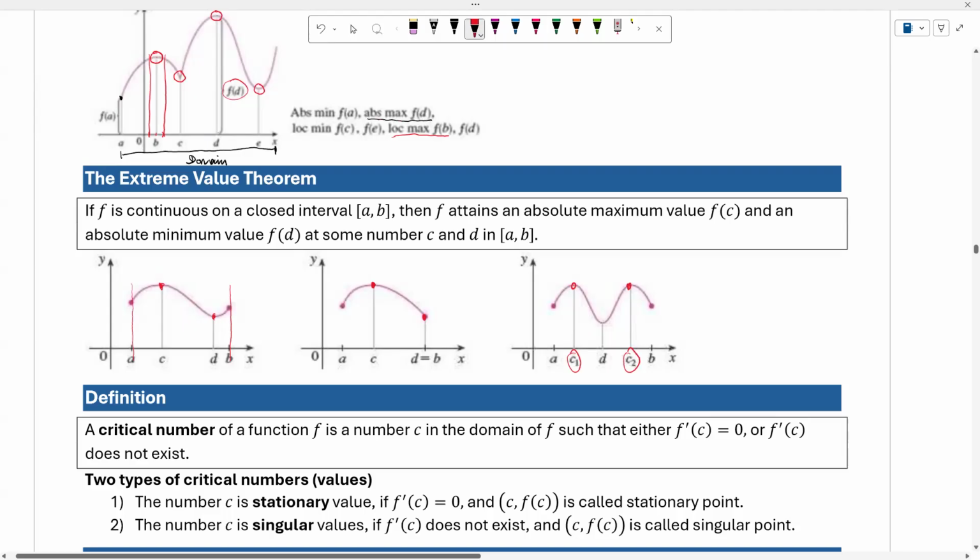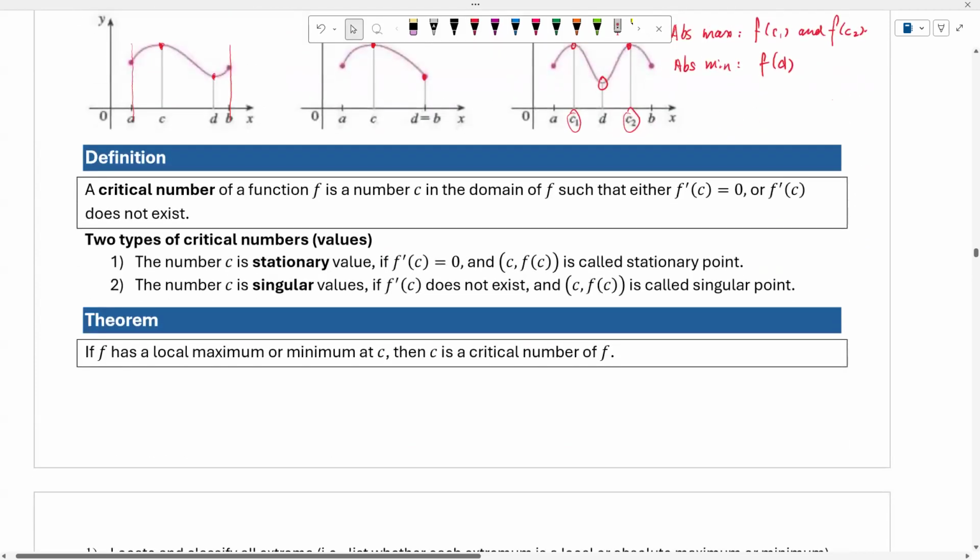So in this case, when I talk about the absolute max, I will have f(c1) and f(c2). And in this case, of course, my absolute minimum value is f(d), let's say this one.